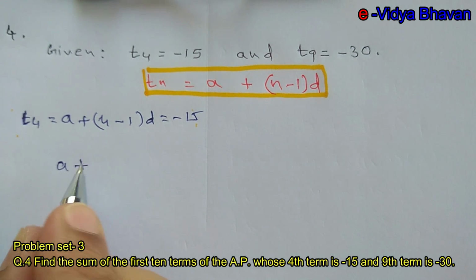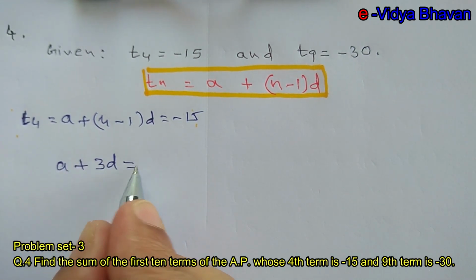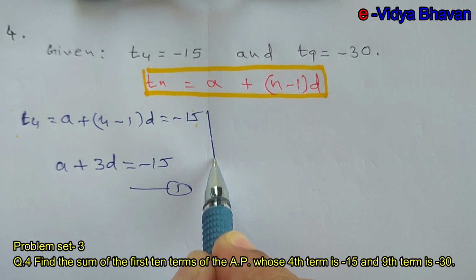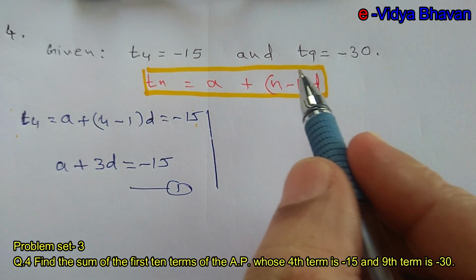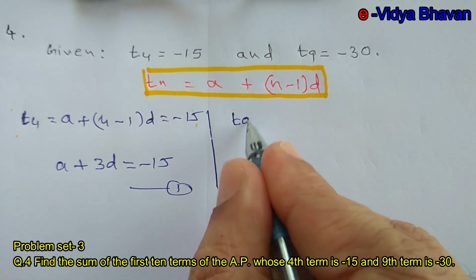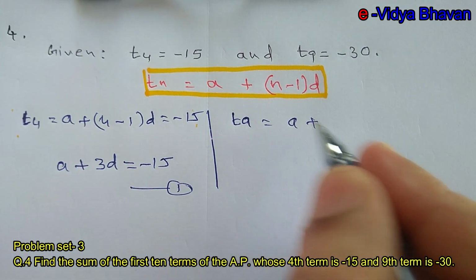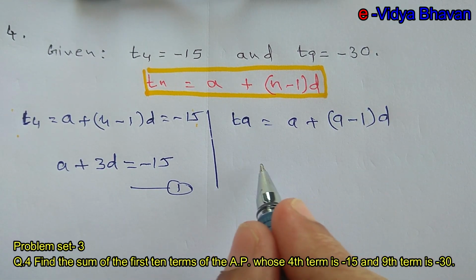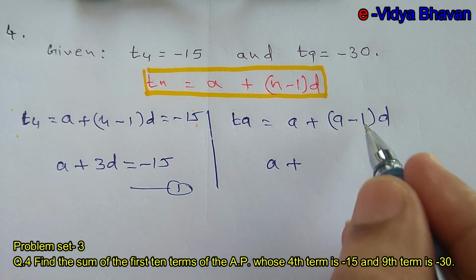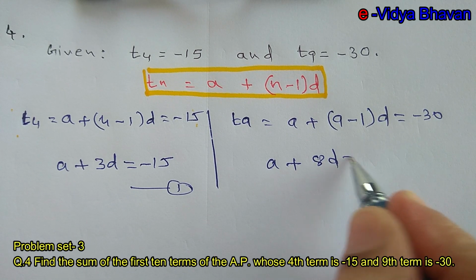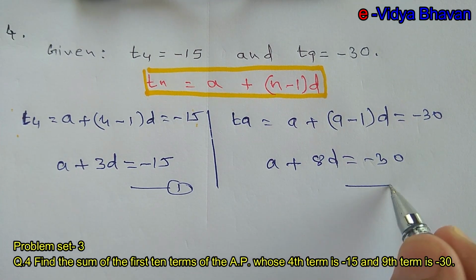That is a plus 3d is equal to minus 15, and this we mark down as equation number 1. Now, same way we will substitute T9, that is n will be taken as 9. So T9 is equal to a plus 9 minus 1 d, that is a plus 8d, and this is equal to minus 30. And this we can take as second equation.